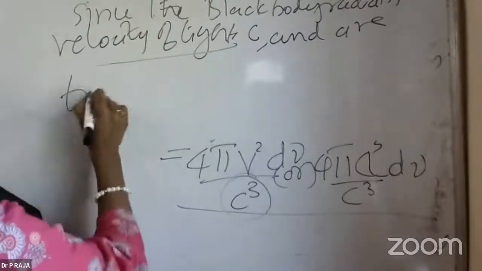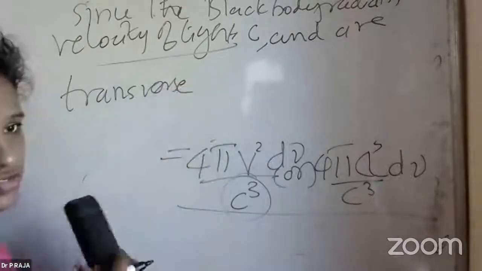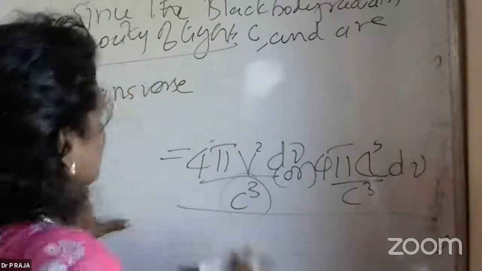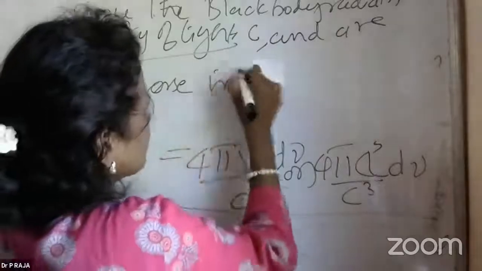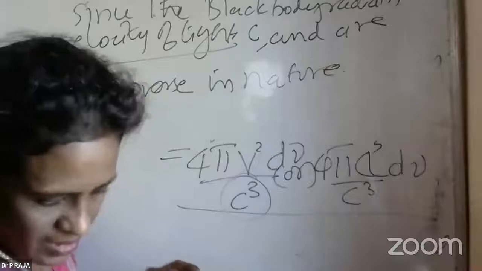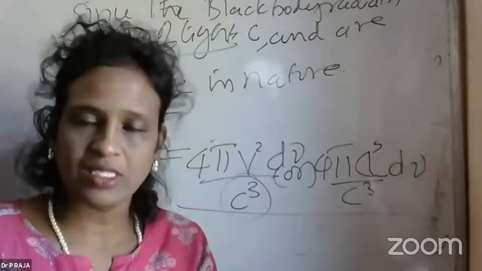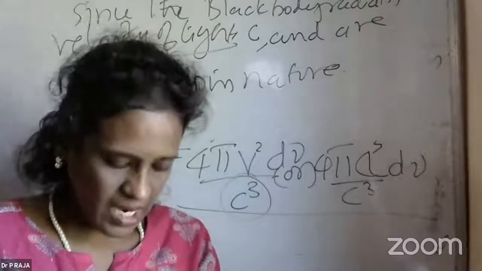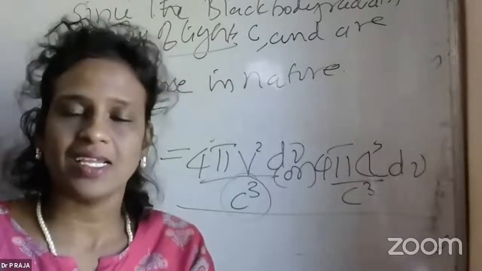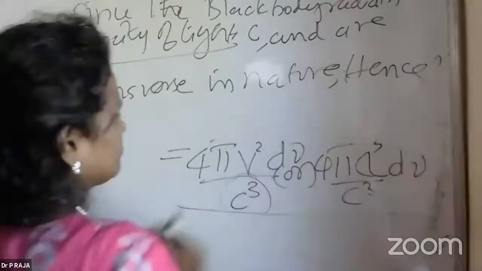There are transverse and longitudinal natures in the propagation of a light wave, isn't it? So they are considered here to be transverse in nature. Only one portion is being taken. Hence the mode of vibrations is double that of the longitudinal vibration.